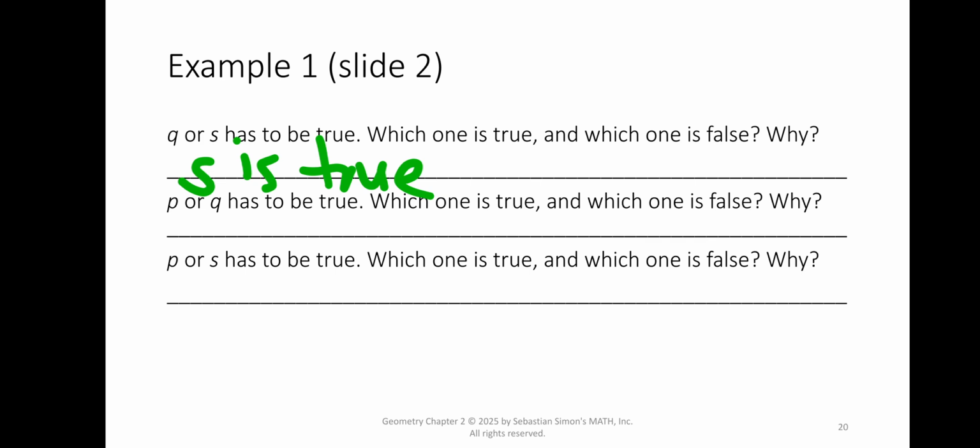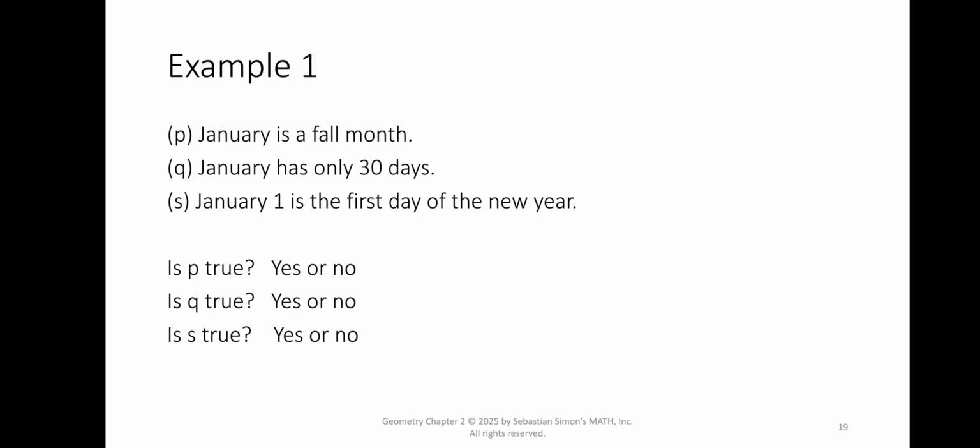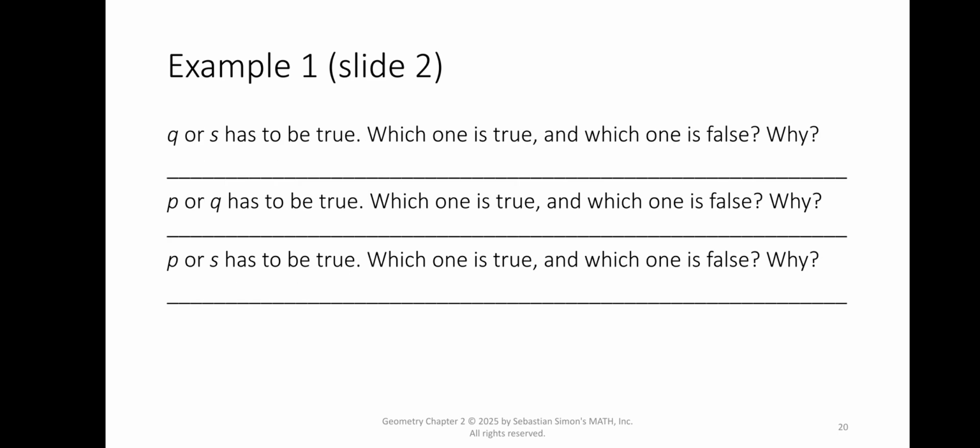So P or Q has to be true. P says January is a fall month. That's false. January is a winter month. And Q has 31 days, like I told you. Q is false. So, neither is true.